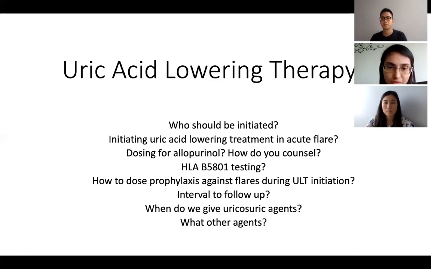And for those who are supposed to achieve a target of less than 300, particularly those with very frequent flares or those who have chronic tophaceous gout, we tend to keep it at least up to about 6 months, or sometimes up to when their tophi have disappeared. But sometimes the tophi might just be there, so we'll just keep it for up to about 6 months in those patients, and then we'll stop it altogether.